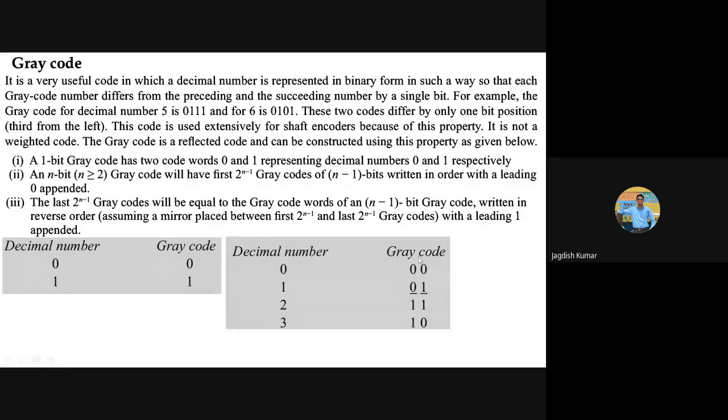Fine. So if that condition is kept in mind, what will be 2? Now, if we write 2 as 10, as in straight binary form, then you are changing 2 bits. You are making this 0 to be 1 and this 1 to be 0. So we are changing 2 bits in that case. That's not gray code. In gray code, you are allowed to change only 1 bit.